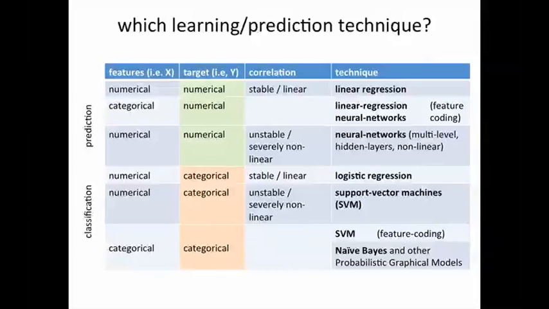It's better to do binary coding as opposed to, say, numerical coding, because there's no reason why red being coded as 5, blue being coded as 6, and green being coded as 7. There's no reason to believe that red and blue are closer than red and green. So using 5, 6, and 7 is misleading and can make the regression technique go haywire. So using 3 different features, each 0, 1, to figure out whether something is red, blue, or green is better than using numbers.